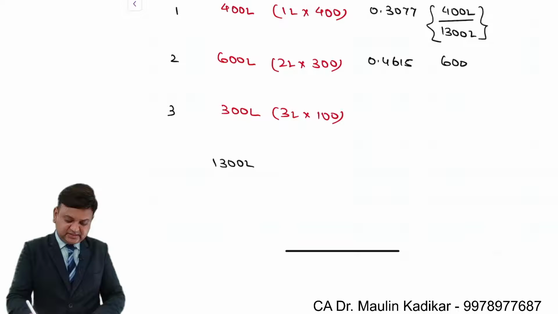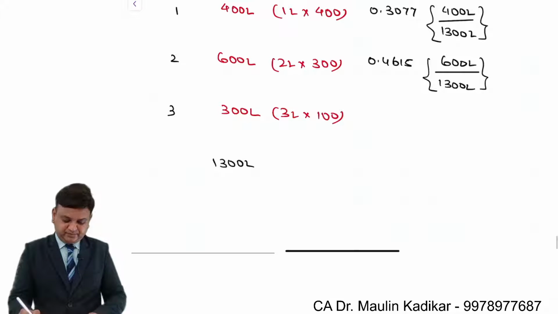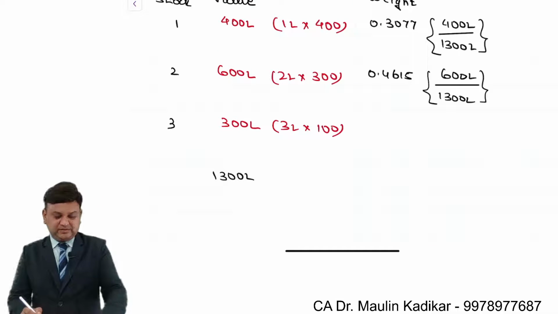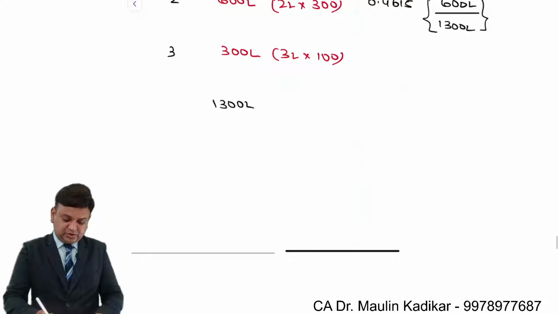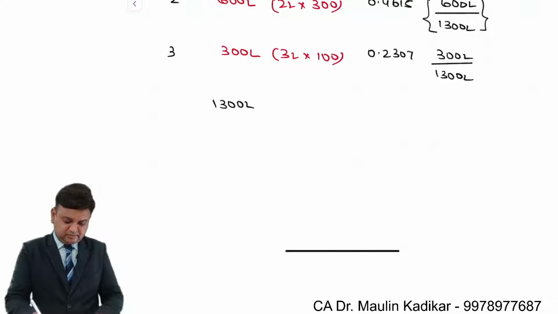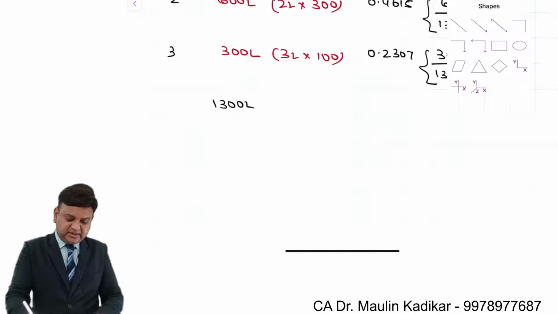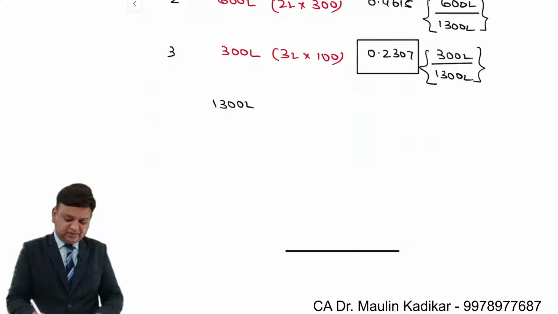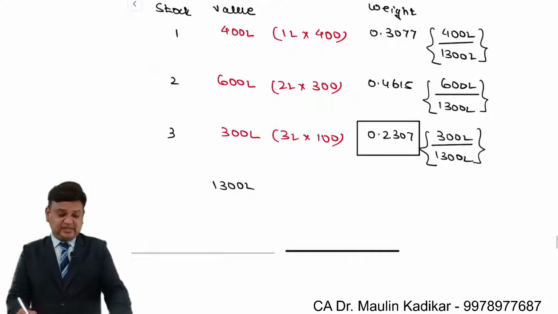That is 600 lakhs upon 1300 lakhs. So 0.3077 plus 0.4615, so 0.7693 is deducted from 1. So 0.2307. That is 300 lakhs upon 1300 lakhs. The last one is supposed to be computed as a balancing figure so that the total is exactly 1.